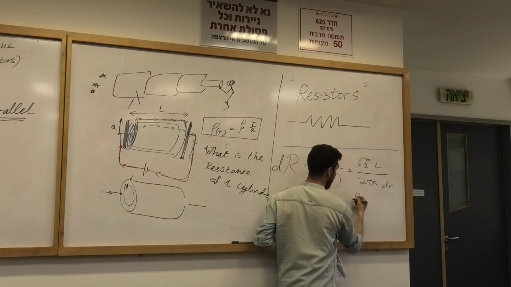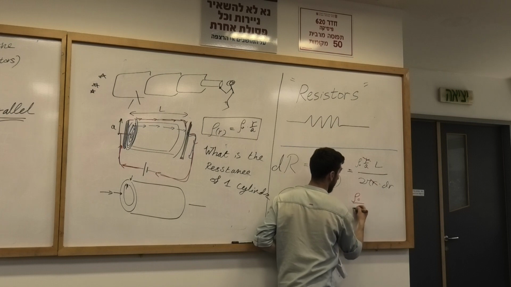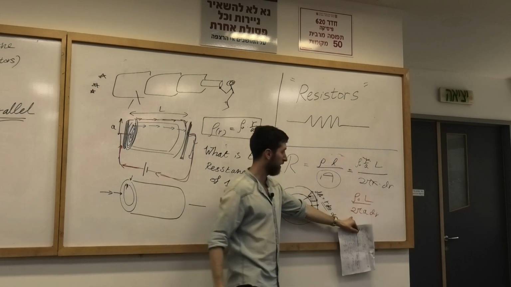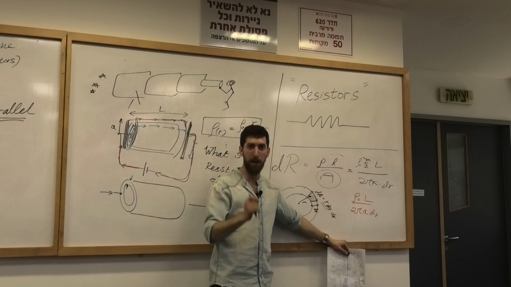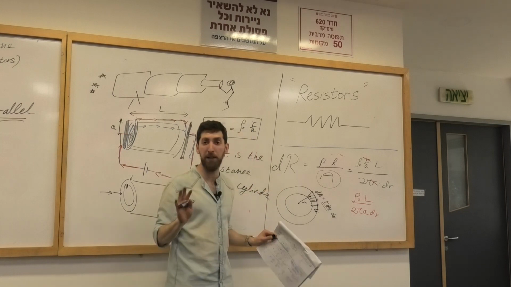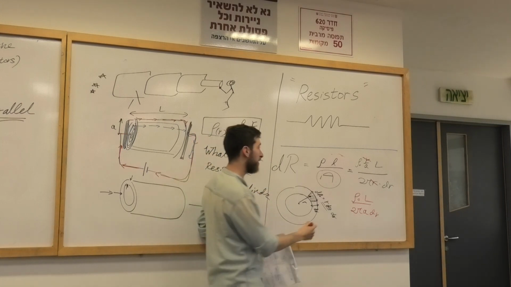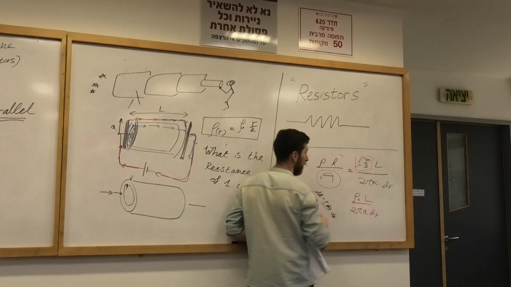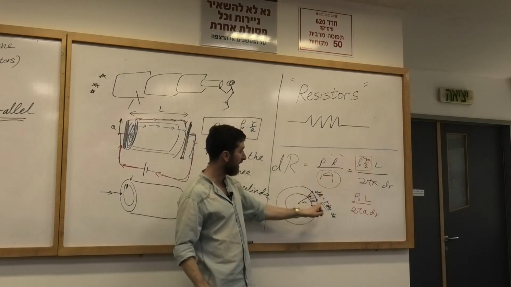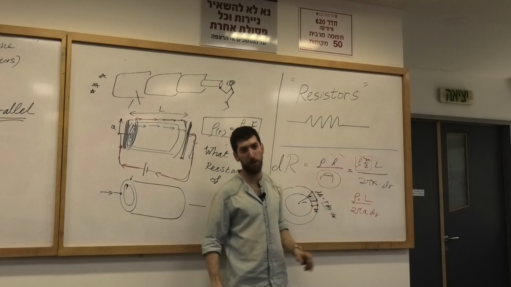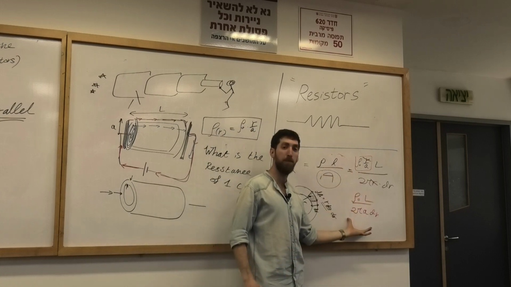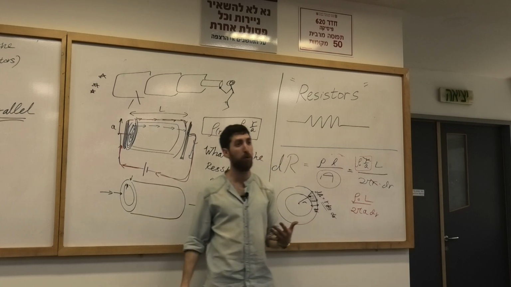It's rho divided by 2 pi a dr multiplied by L. Each resistor has the same resistance, okay? It just happened by luck. Why so? Because of this term. Because it was linear and the area extended linearly, they cancel each other out, okay? But this is not going to be the case in general. I just did that on purpose to make the question easier for us.